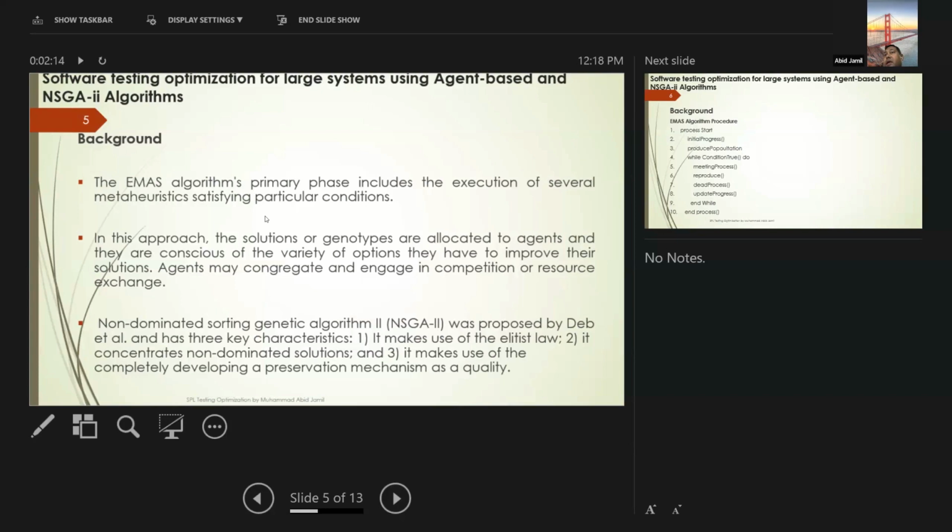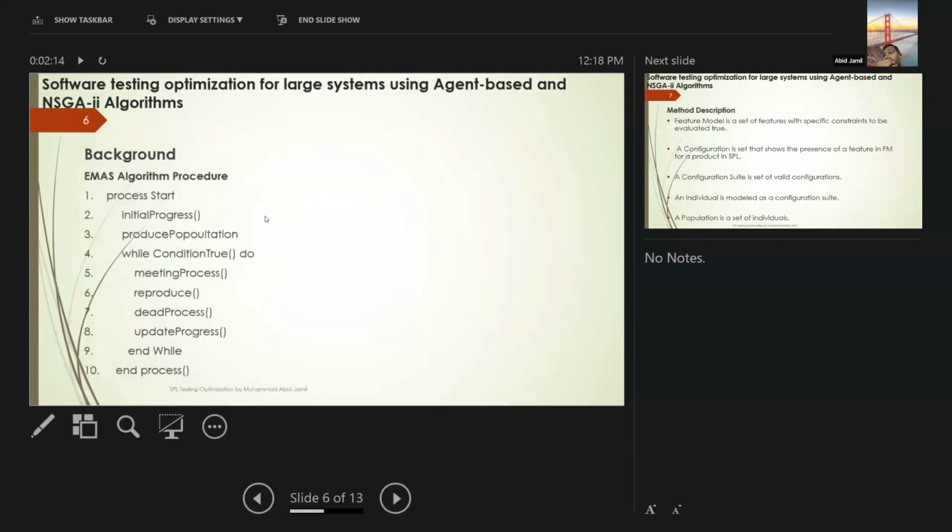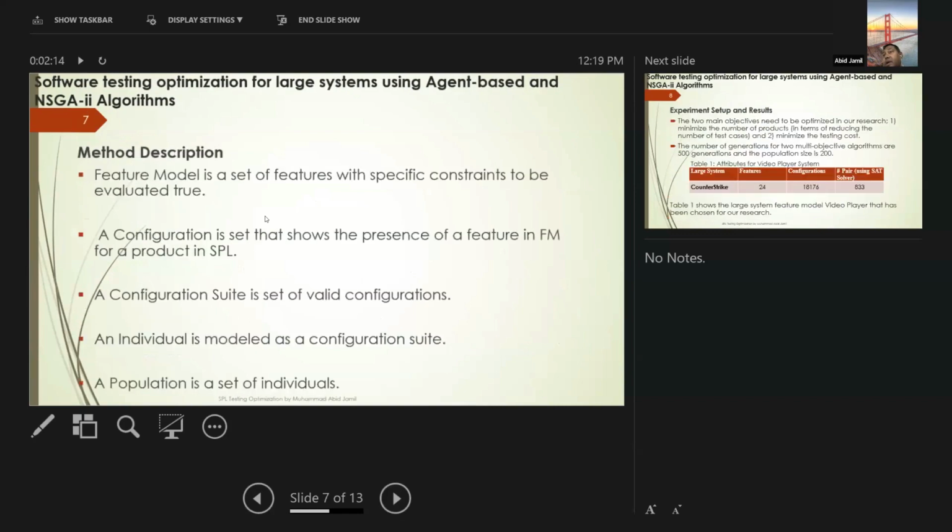Then on slide number 6, we will discuss the EMAS algorithm, the agent-based algorithm. Basically, we initialize the process and produce the population. We have some conditions.